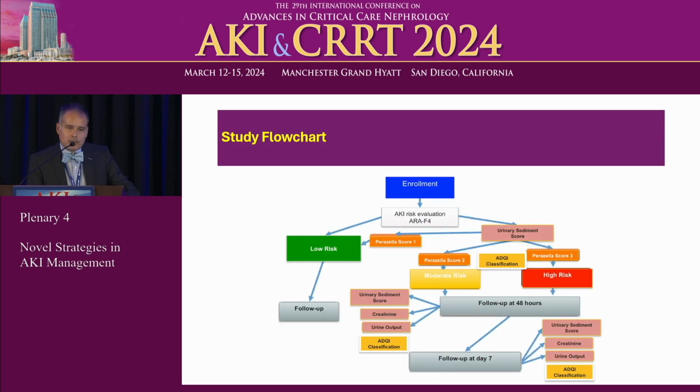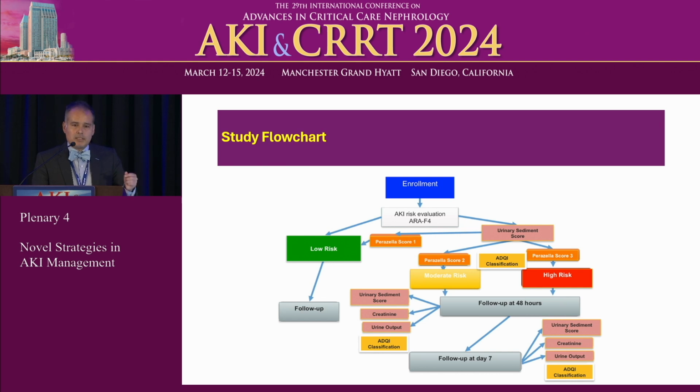So this was our study flow chart. We had 103 patients enrolled in the study. Every patient goes through this risk evaluation, and if they have moderate to high risk as assessed by this risk score algorithm, then they go through urine microscopy analysis.